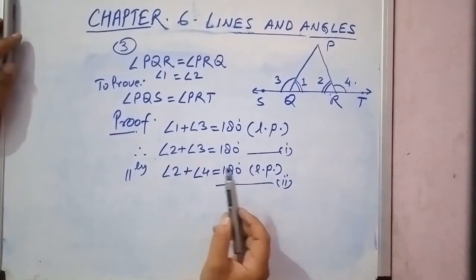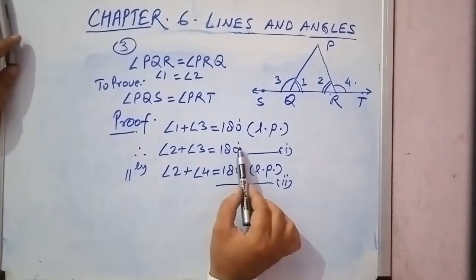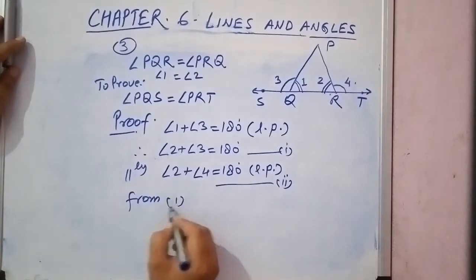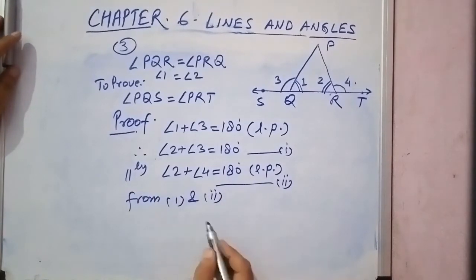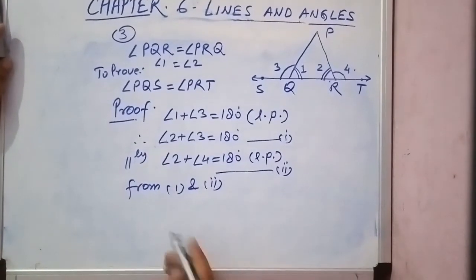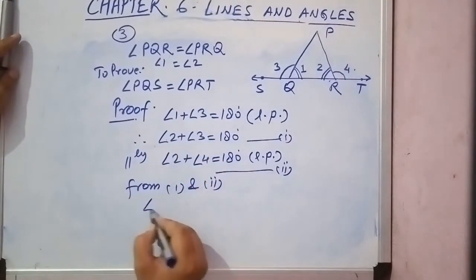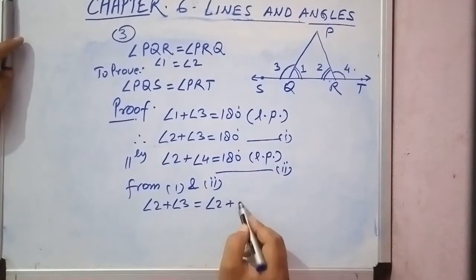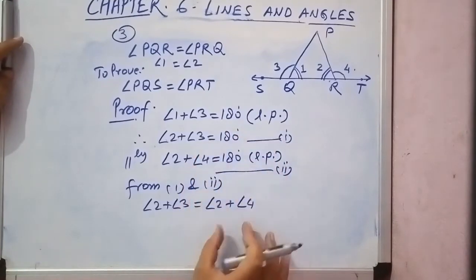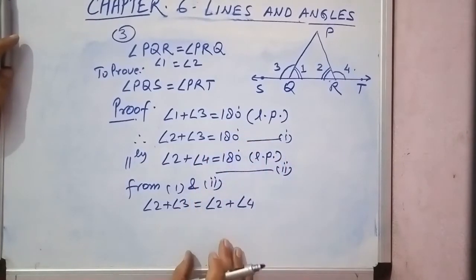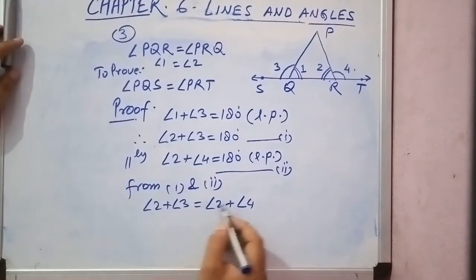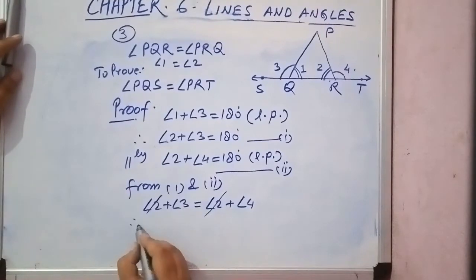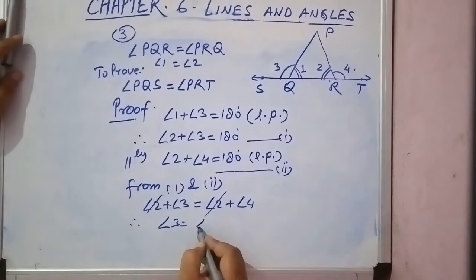Since both equations have equal RHS, angle 2 plus angle 3 equals angle 2 plus angle 4. Angle 2 is common on both sides, so cancel it out, and we get angle 3 equals angle 4.